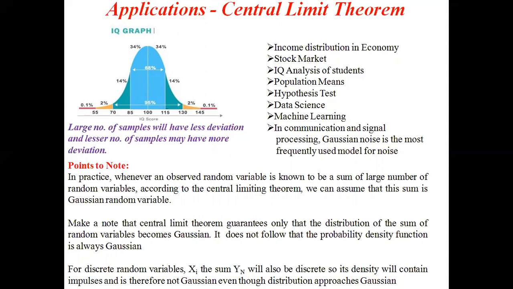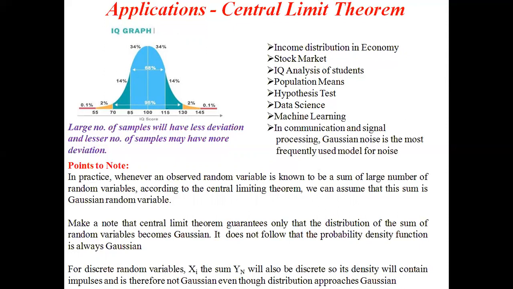Now, you know that machine learning is trending now. In machine learning, the central limit theorem has important applications. The theorem does inform the solution to linear algorithms such as linear regression. You know, in machine learning, linear regression is one of the important algorithms we generally use.